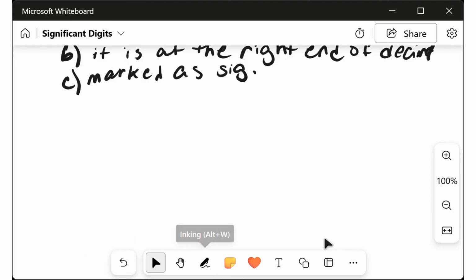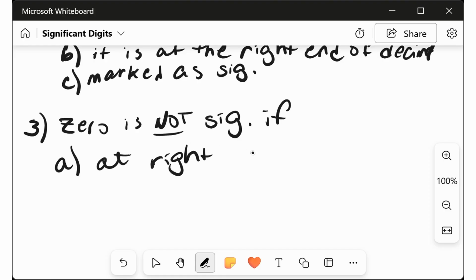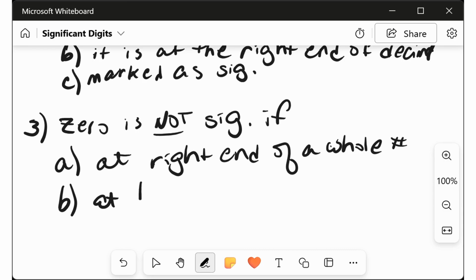And finally, rule number three: a zero is not significant if it's at the right end of a whole number, or if it is at the left end of a number.